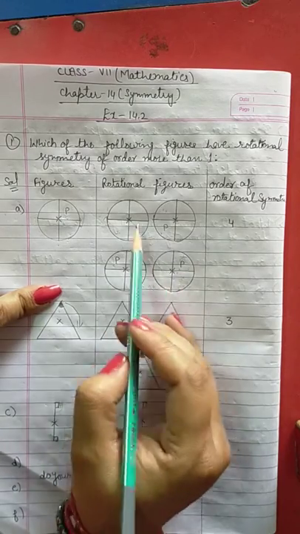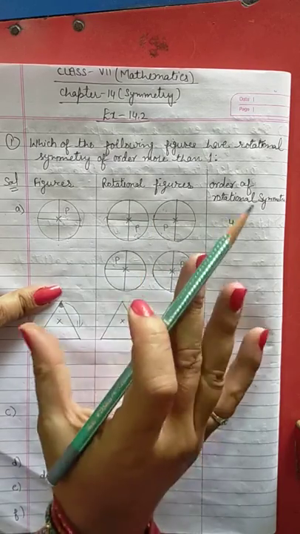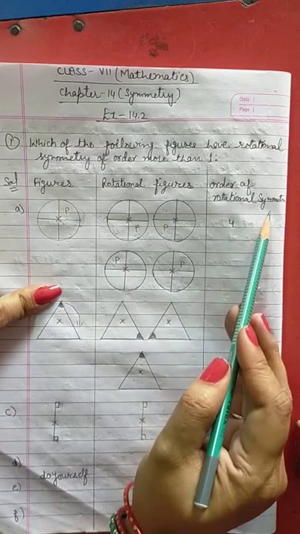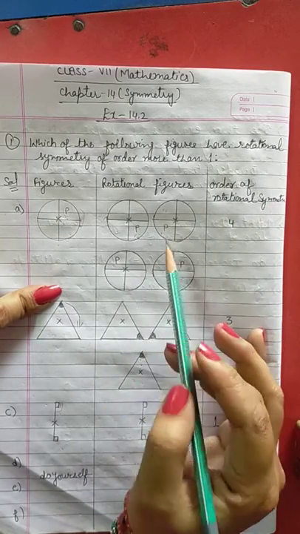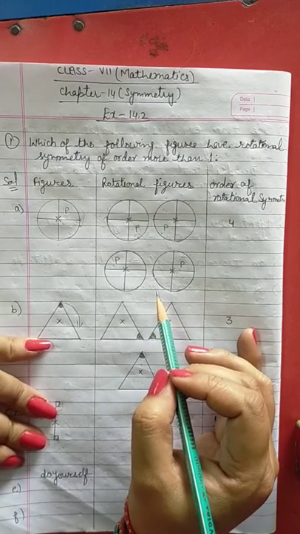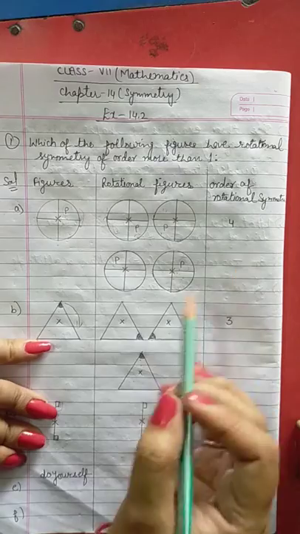Now you can judge from these 4 circles looking the same that the order of rotation is 4, so on 4 times it looks the same. So here the order of rotational symmetry is 4.